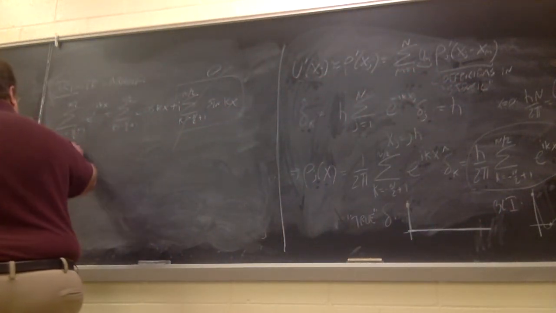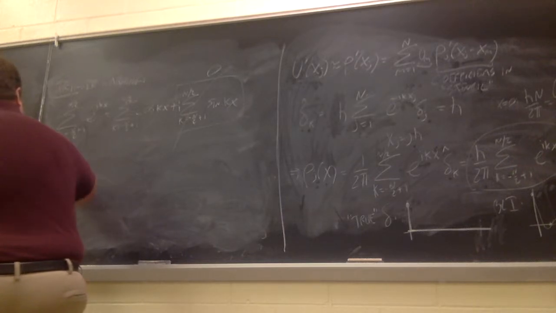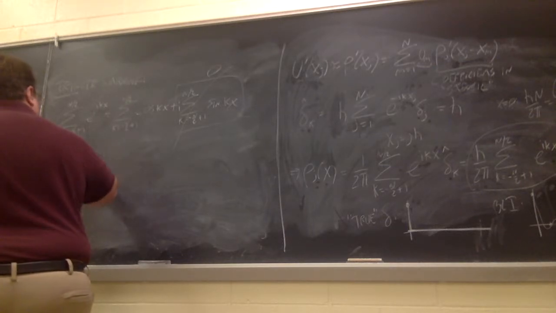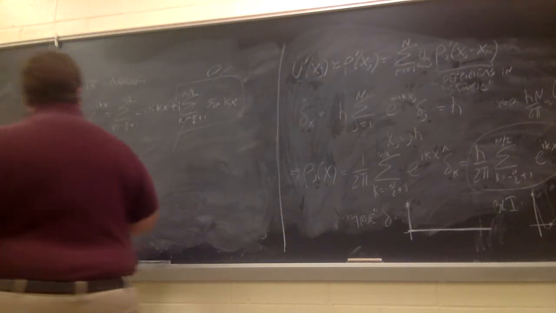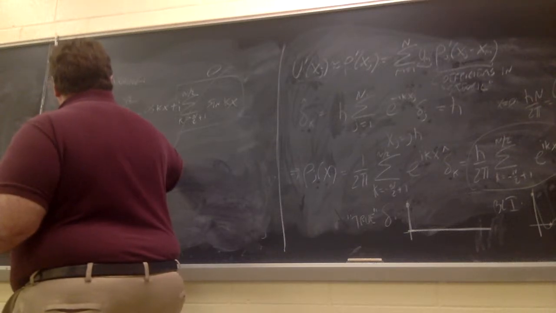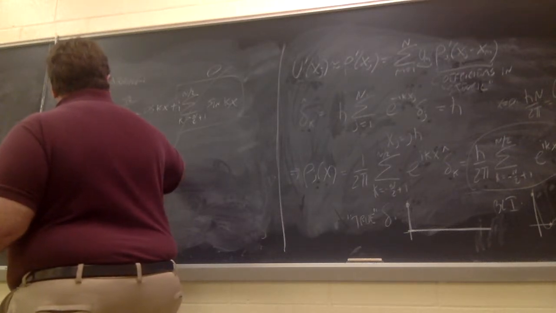So this sum of cosine kx, I'm going to multiply and divide by sine of x over 2.